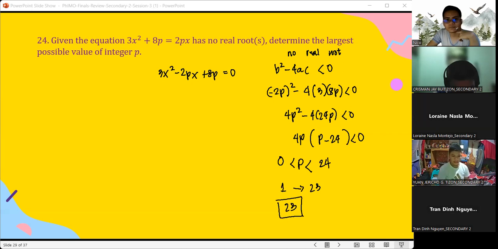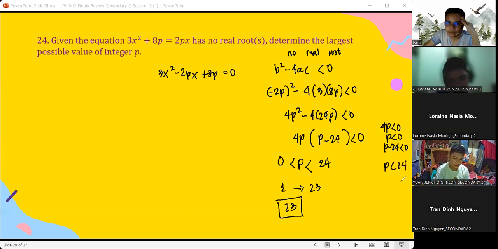Understand? Sir, where did you get 0 is lesser than p and p is lesser than 24? This one lang. You have 4p lesser than 0 and p minus 24 lesser than 0. Diba? So that will be dividing everything by 4. So you have here p and p minus 24.